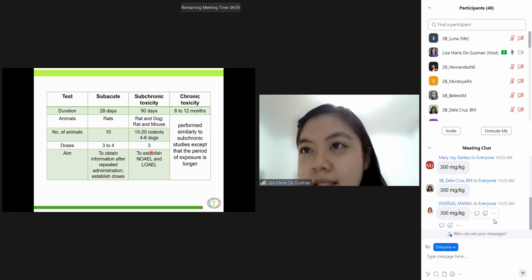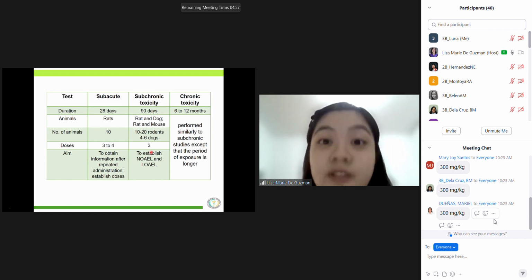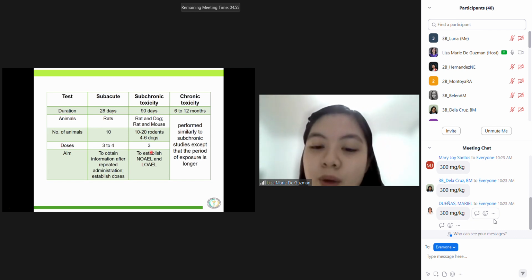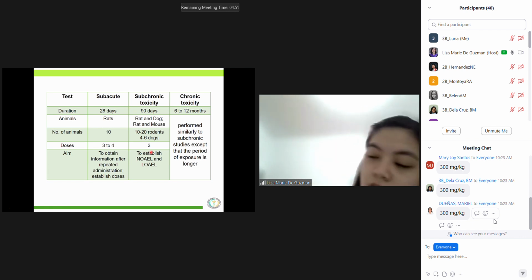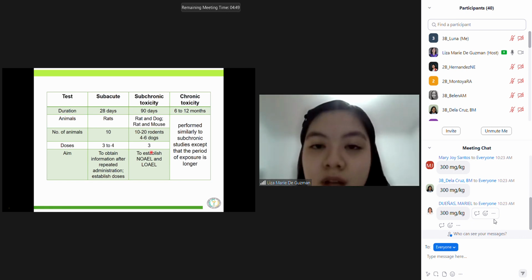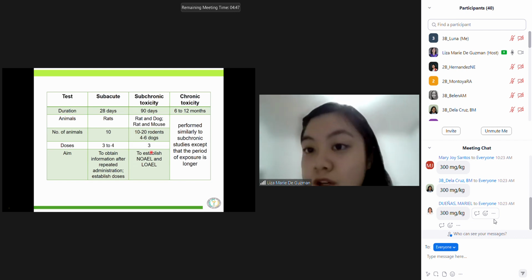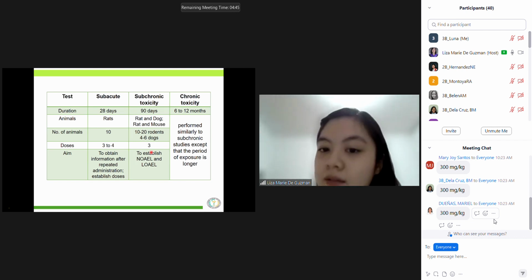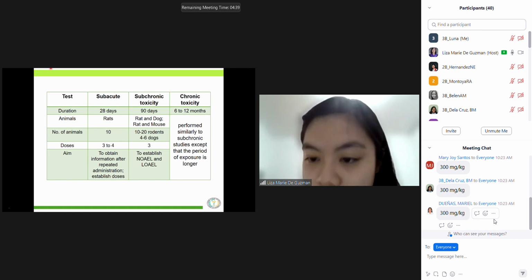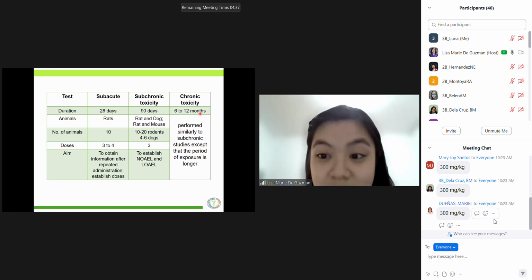So LOAEL is the minimum dose or the lowest dose where we observed an adverse effect. LOAEL, the lowest dose at which there is an observed adverse effect. And then the design for chronic toxicity is this.